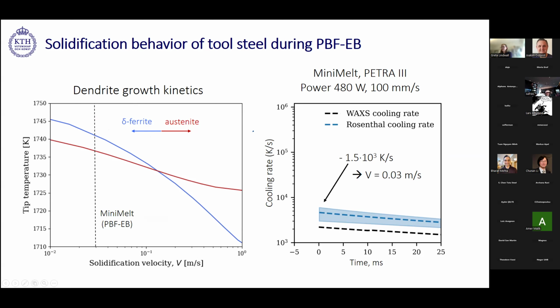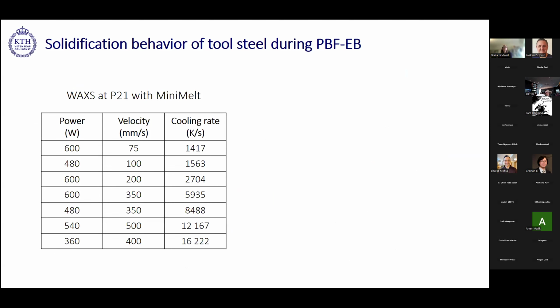But then with the electron beam, we have a large potential to change the parameters and perhaps affect how the solidification conditions vary. So to do that, we tried to print with different powers and beam velocities and obtain these X-ray diffraction patterns.